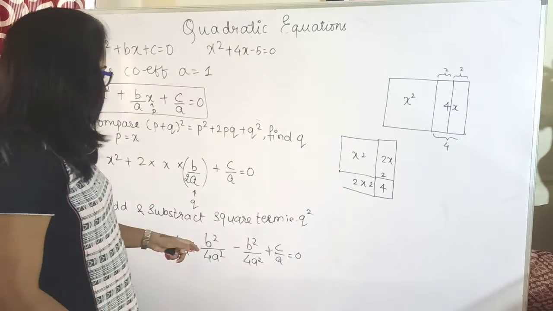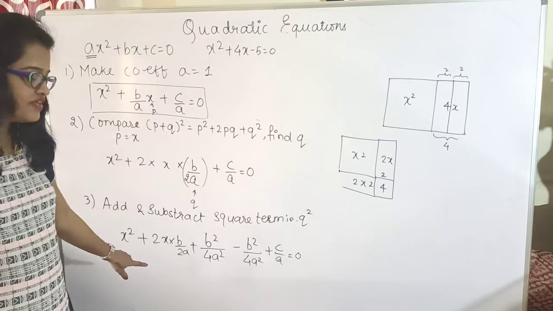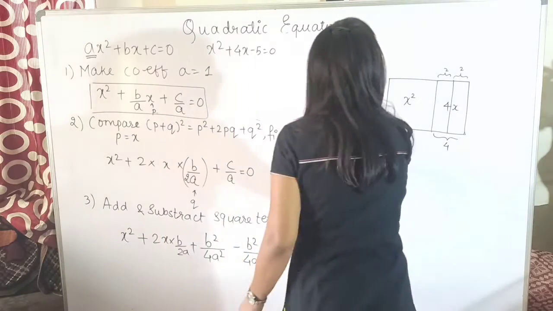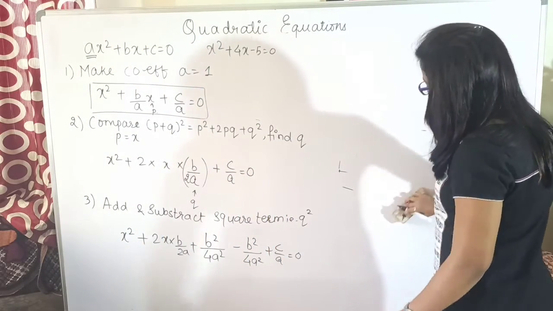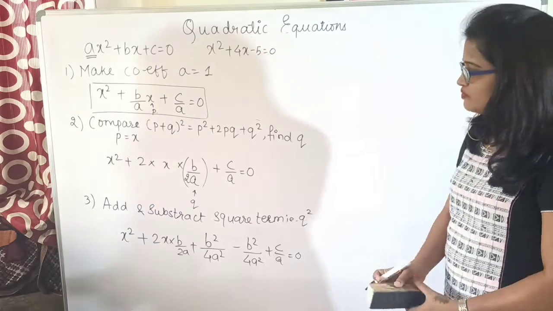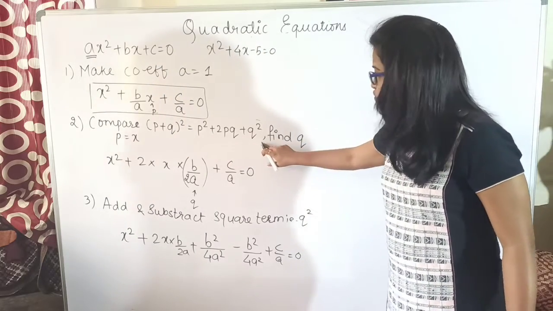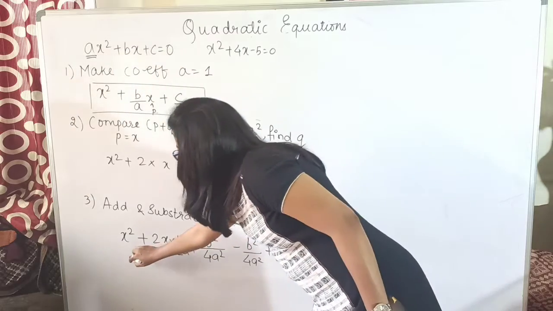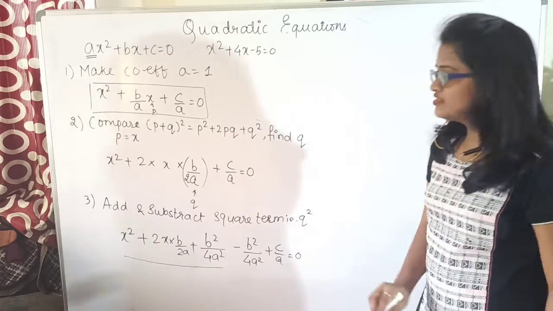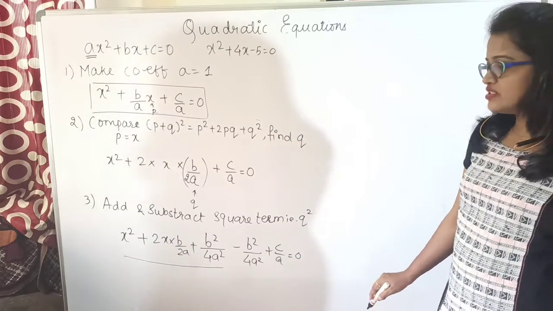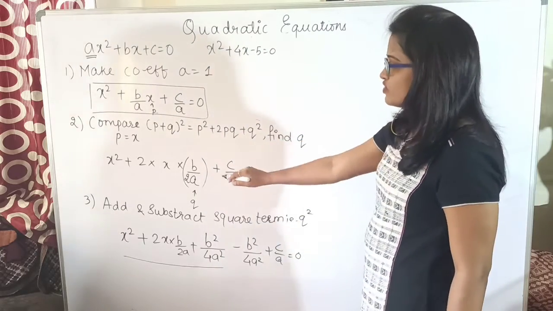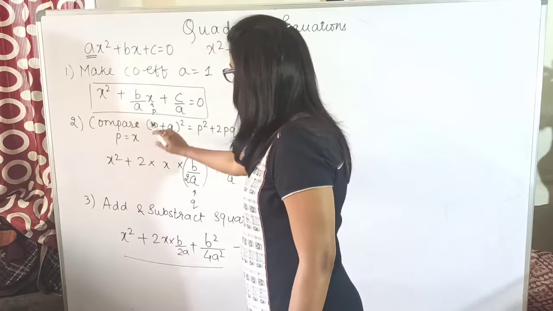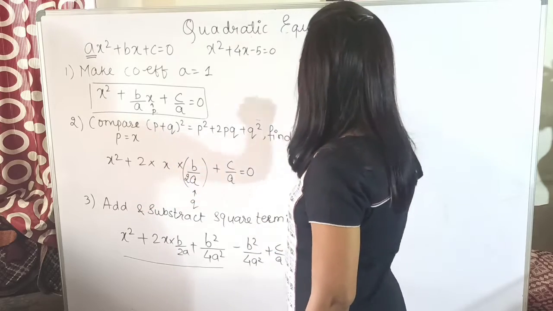Okay, see, from this you can always get the value. Now, which is your next step? Once you have got it in the form p square plus 2pq plus q square, you can write this expression in the form of p plus q bracket square, where the value of p is x, whereas the value of q is b by 2a.